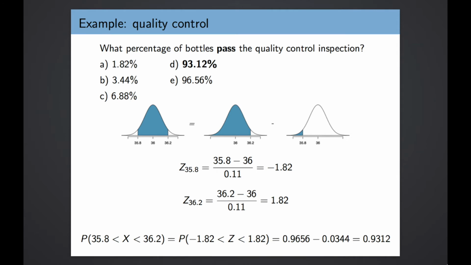To answer this question, we need to find two z-scores. The z-score for 35.8, which we already found, as well as the z-score for the upper cutoff of 36.2.